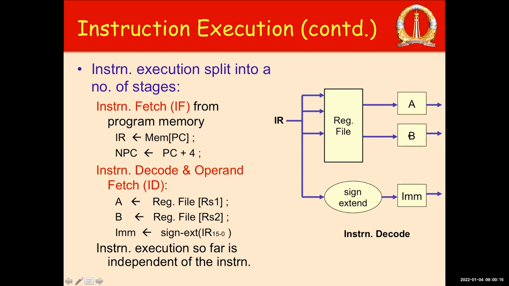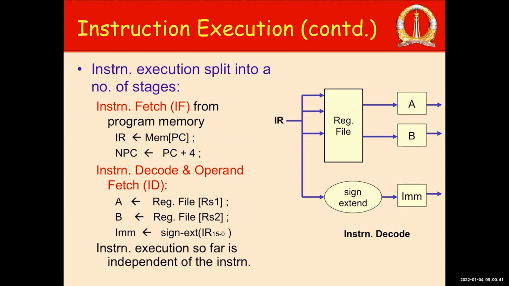If it is in the immediate format, then the A register will contain 1 source operand, and the other source operand is actually going to be the immediate operand, in which case it will do a sign extension of the 16-bit value to a 32-bit value and then store it in this temporary register called immediate.